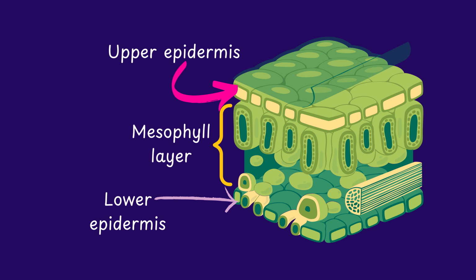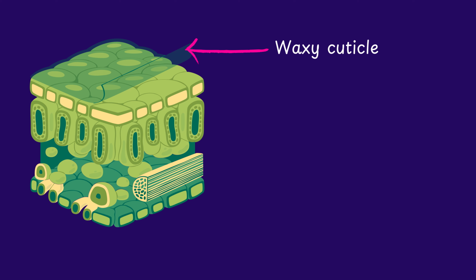The mesophyll layer is made up of the palisade mesophyll and the spongy mesophyll. And lastly, we have the vascular bundle, which is also called the vein, that is made up of the phloem and the xylem.